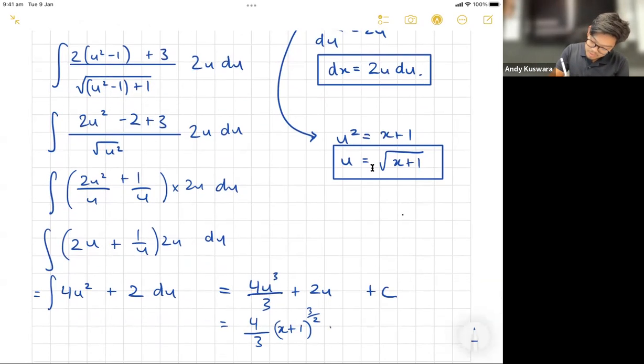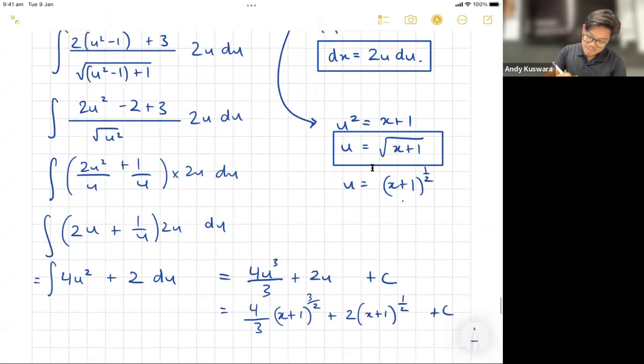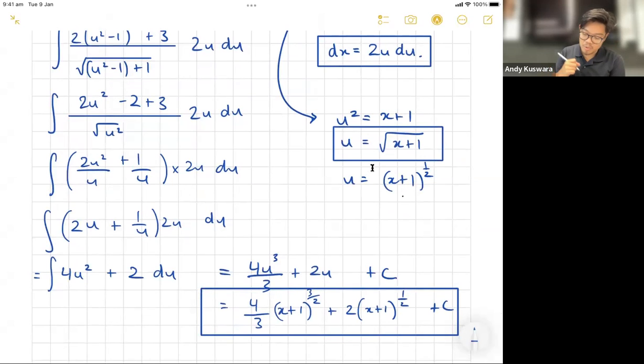And then again, same thing here, plus 2 lots of x plus 1 to the half, because it's a square root. Don't forget your plus c, and boom, messy, kind of lengthy, a lot of algebra, but we got there. That there should be your answer. Okay, hopefully we're happy with that.